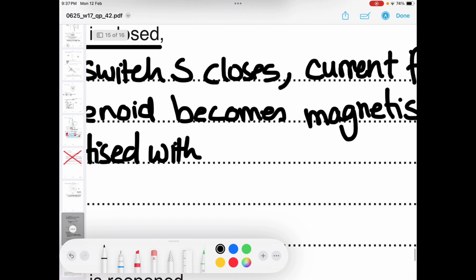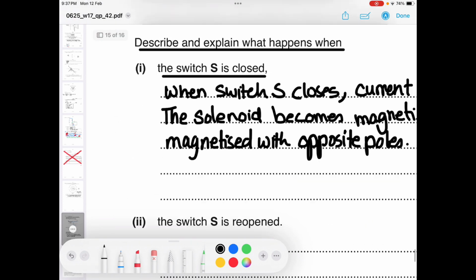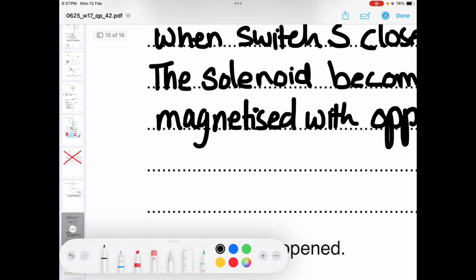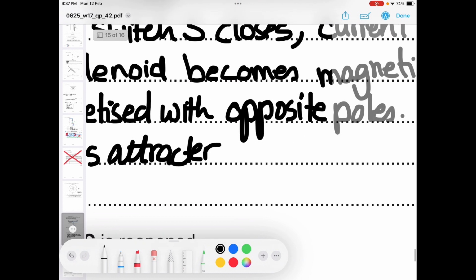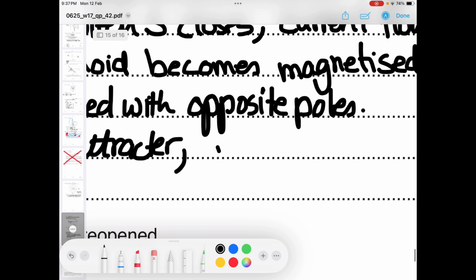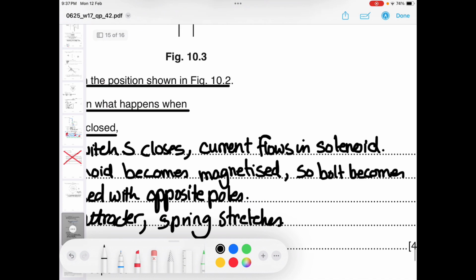Both attract. The bolt is attracted and the door locks. The spring stretches, because he tells us that the spring stretched.